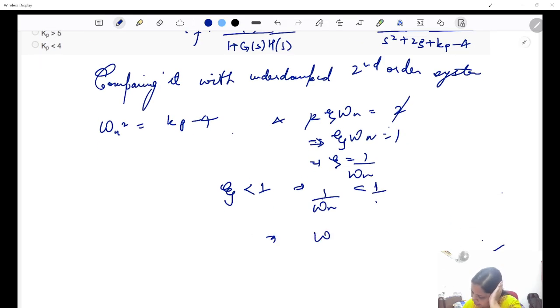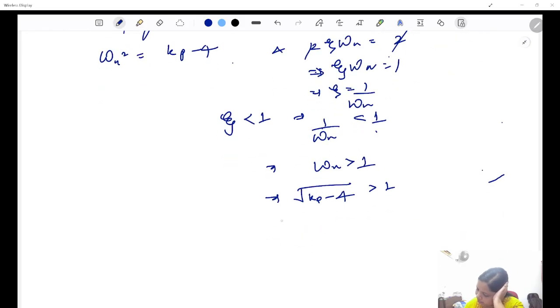That means omega n should be greater than 1, right? That means under root Kp minus 4 should be greater than 1. That means Kp minus 4 should be greater than 1 after squaring.